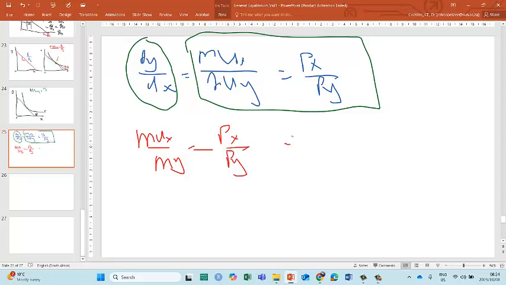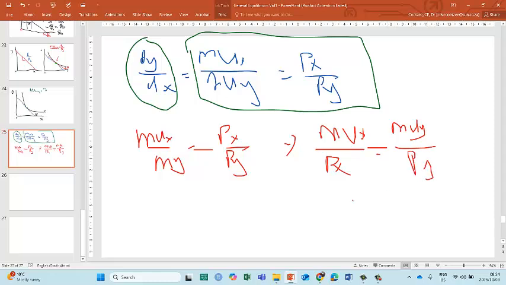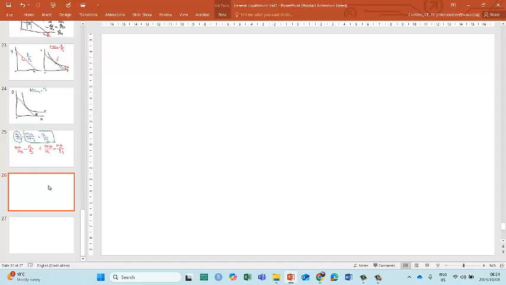We can restate this as my marginal utility of x over the price of x is equal to the marginal utility of y over the price of y. So we can work in either format. It's exactly the same thing, just restated a little differently.